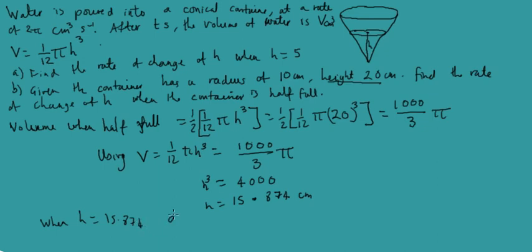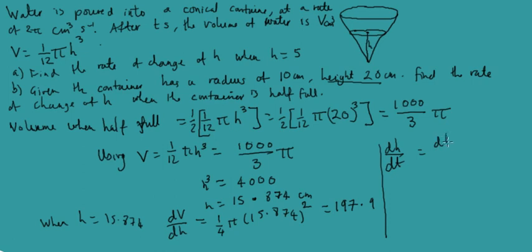So when h is 15.874, dV by dh must be, if we go back and look at what we had for dV by dh, a quarter pi times 15.874 squared, and that gives us 197.9. Now we can use the chain rule to work out dh by dt is dh by dV times dV by dt.